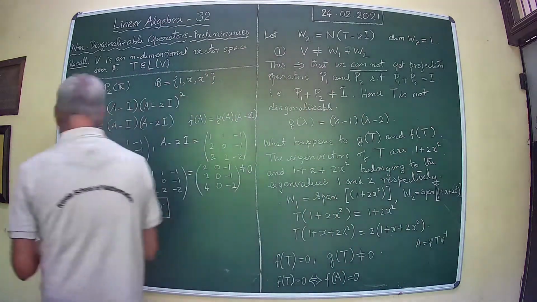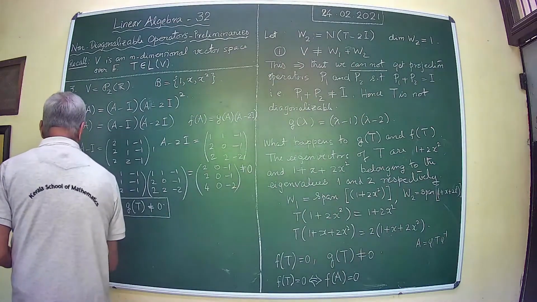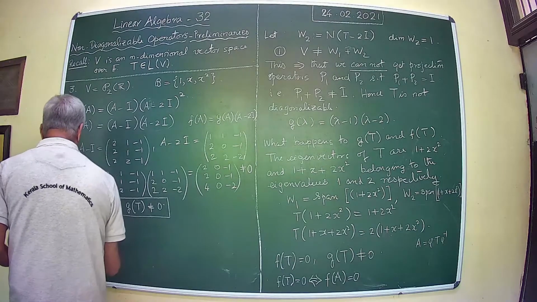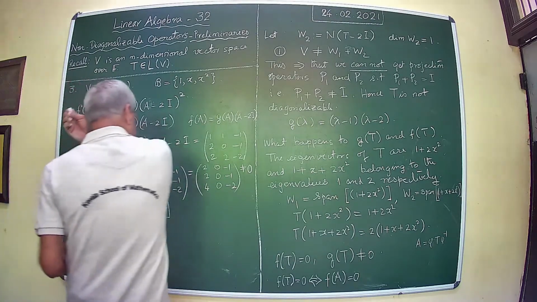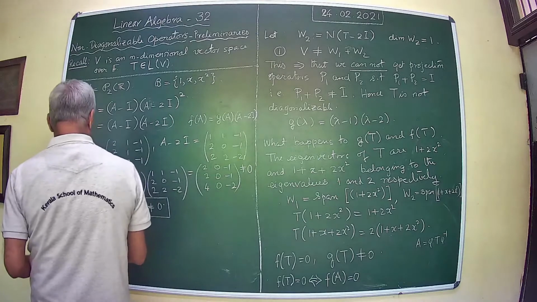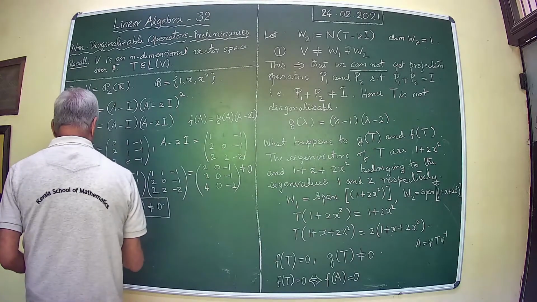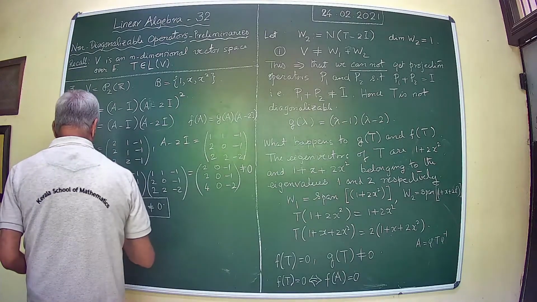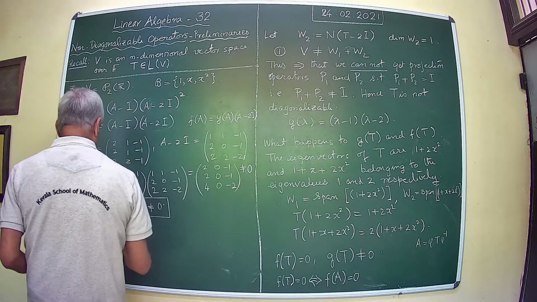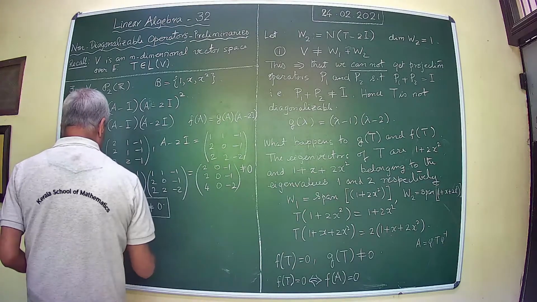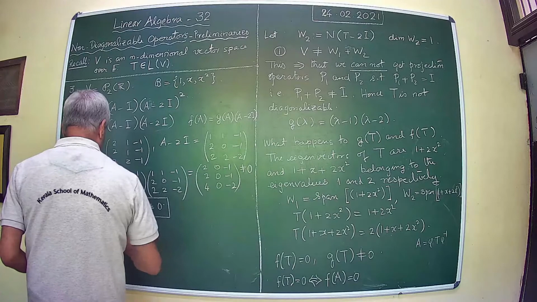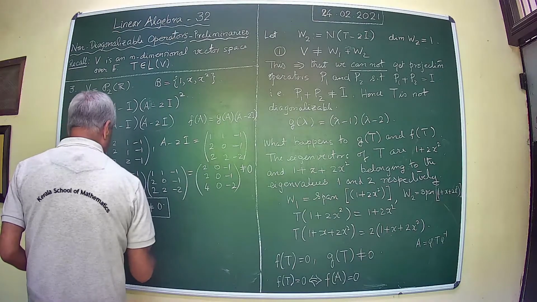Similarly, now f(T) let us calculate. f(A) turns out to be g(A), which we already have, multiplied by A minus 2I.